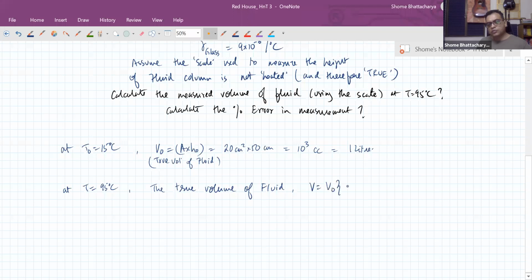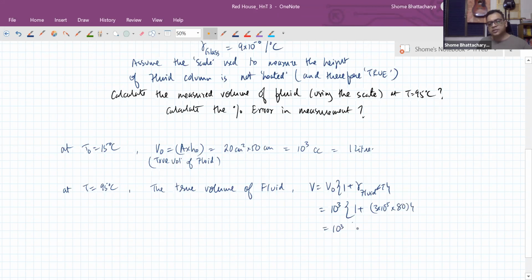So that is going to be V naught into 1 plus gamma of the fluid into delta T. So it is 10 raised power 3 cc into 1 plus gamma of the fluid, which was 3 into 10 raised power minus 5, into the temperature change, which is 80.